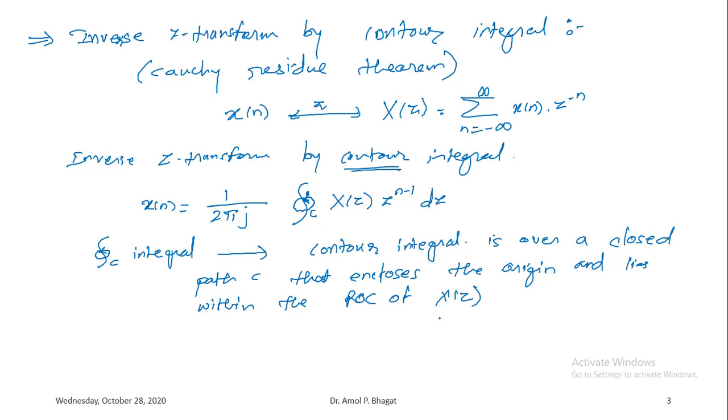So simply C can be taken as a circle in the ROC of X of z in the z plane. That is what this contour integral indicates.